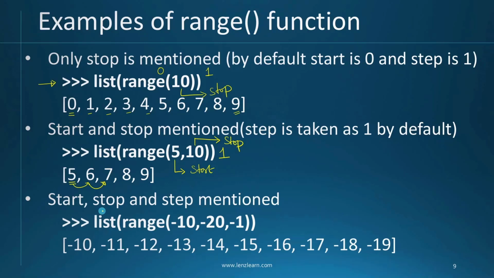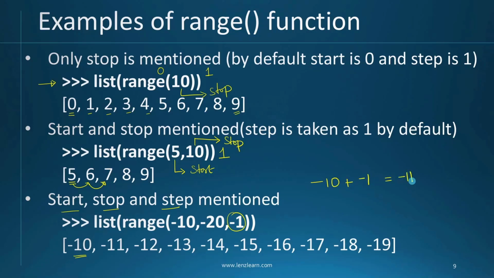Now the third example, we have used start, stop and step, but all with negative numbers, right? Here you can see the start value is -10. So the first value -10 will be printed. The next number will be generated by adding the step value to the value before that. So I will do -10 plus -1.